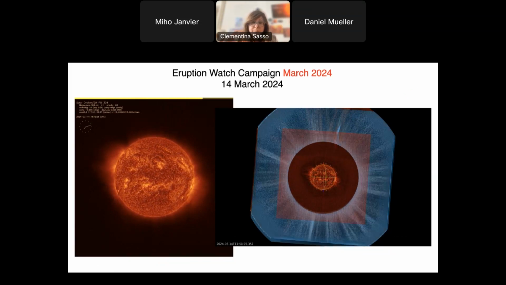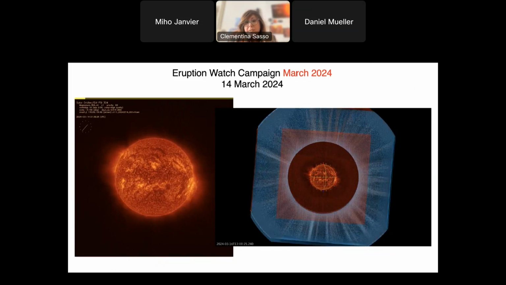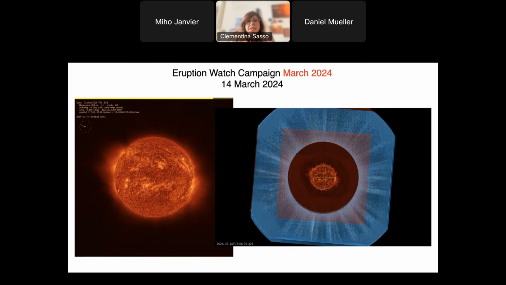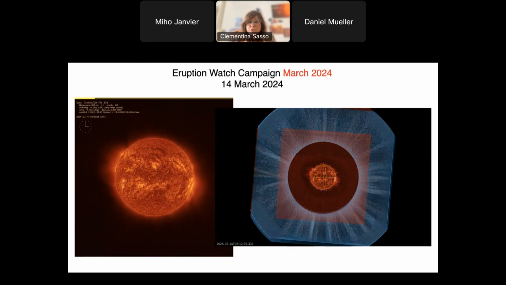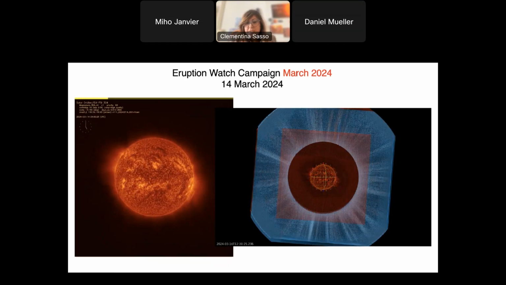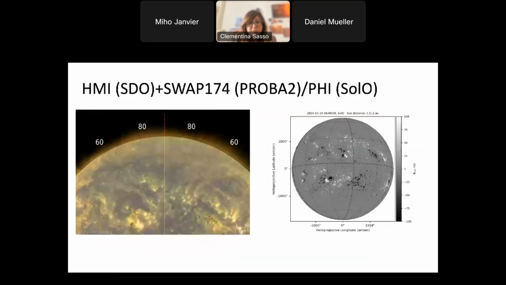And then you see the prominence, the filament that erupted, entering the UV field of view. So here it is really clear why, at least for CMEs, and of course for many other things, it's so important to have both channels to distinguish the structure that you are observing.